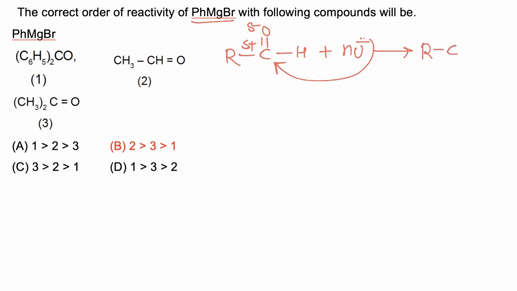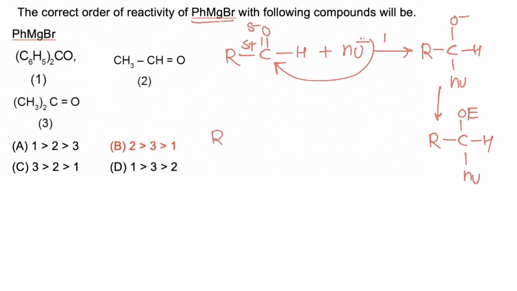And the other factor is crowding. If the carbonyl carbon is crowded, the nucleophile cannot attack easily. So the rate of reaction depends on two factors: one is steric crowding and one is the electronic factor, in which positive charge must be high on the carbonyl carbon.